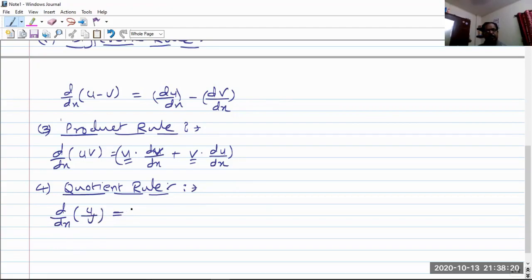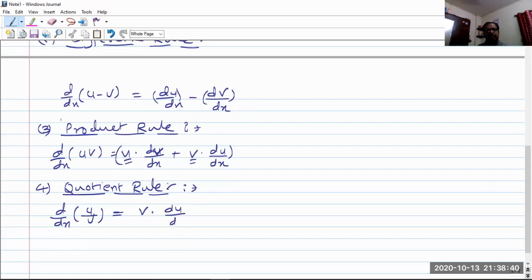It's a very important rule. It is again not so easy, not directly the differentiation. It is not just the quotient of the derivatives of two functions, but you need to see this rule. The second function, that is the denominator function, will be kept as it is.